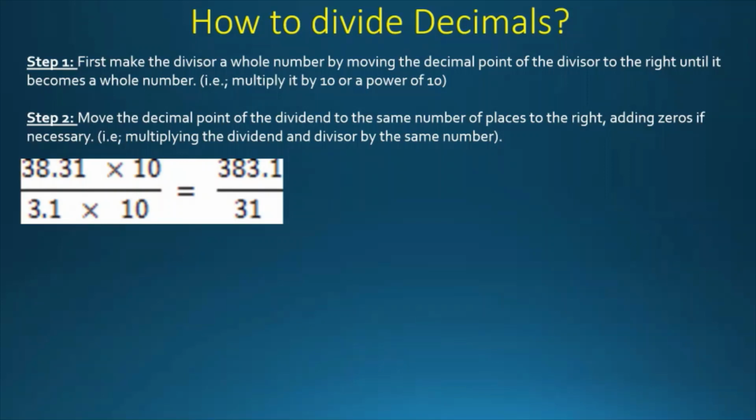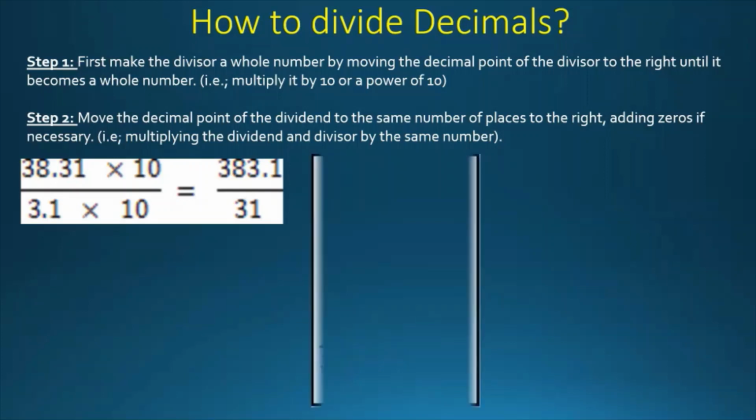But the denominator, the second number or the divisor, has to become a whole number before you divide. Only then will the division be correct.